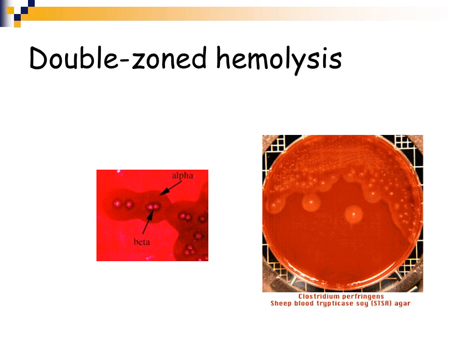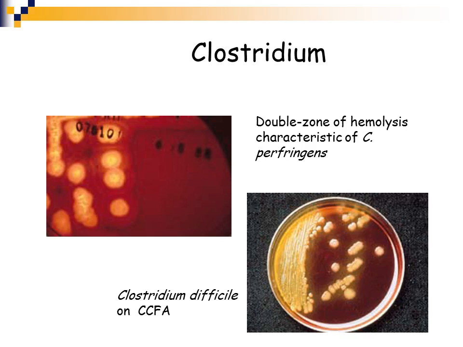And here on sheep blood trypticase soy agar plates, you could see Clostridium perfringens, and you could see a double zone of hemolysis where you have a very clear area in the center of beta hemolysis surrounded by an area of alpha hemolysis. And here again, that nice middle area on the top left of your beta hemolysis surrounded by a zone of alpha hemolysis, and it kind of looks like a bullseye.